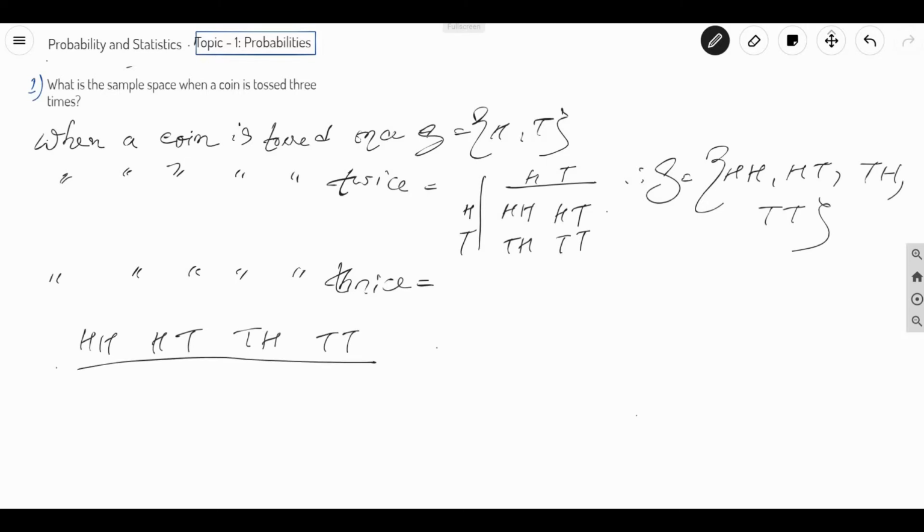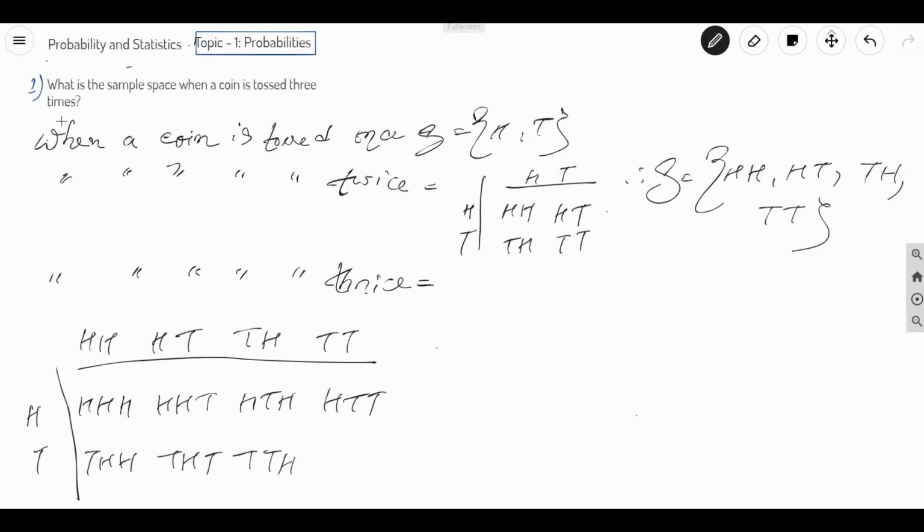And in this line we'll have head and tail. So the possible sample points can be head head head, head head tail, head tail head, and head tail tail. And for this one it will be tail head head, tail head tail, tail tail head, and tail tail tail.